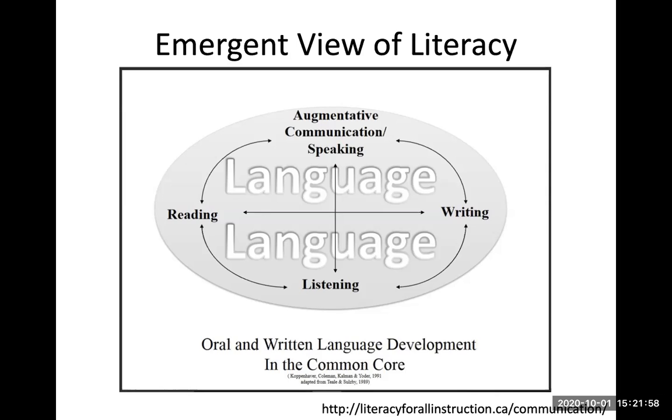Once a child becomes a reader, then they're ready to become a writer. That's not correct. We know that all of those skill areas develop at the same time and need each other to develop. So children need to be listening, talking, even if it's through a speech generating device or pointing to pictures, some form of AAC. They need to be reading and writing all together.